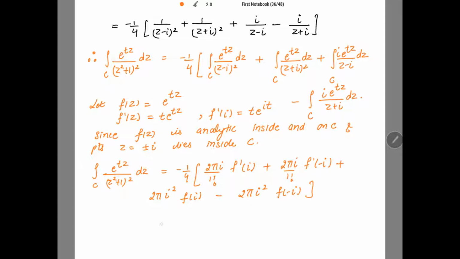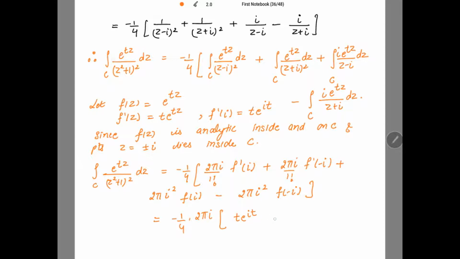Alright, this is equal to minus 1 by 4, taking 2 pi iota commonly outside. What is f dash iota? This is t e to the power iota t.